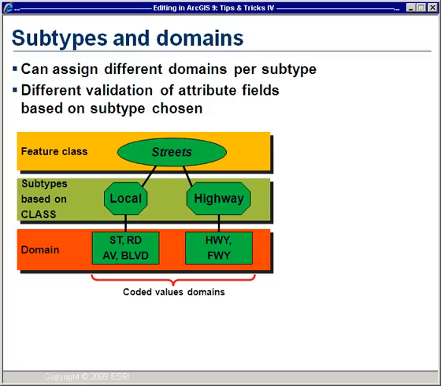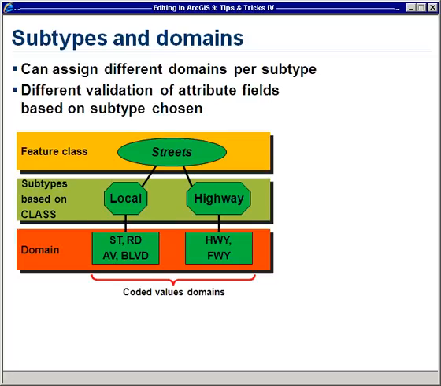So let's look at the example here. I have a street feature class, and within that street feature class, I have two subtypes, one called local, one called highway, and the subtypes were defined on an attribute field called class. For the local subtype, I want to restrict the kind of streets to ST, RD, AV, and BLVD.